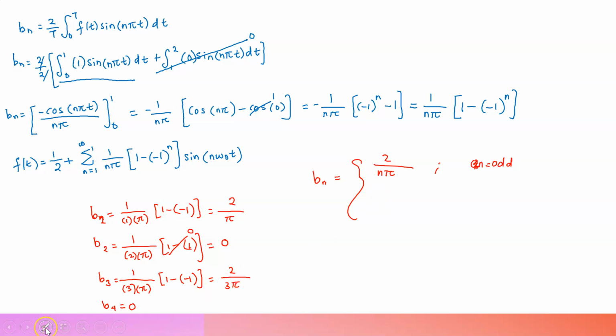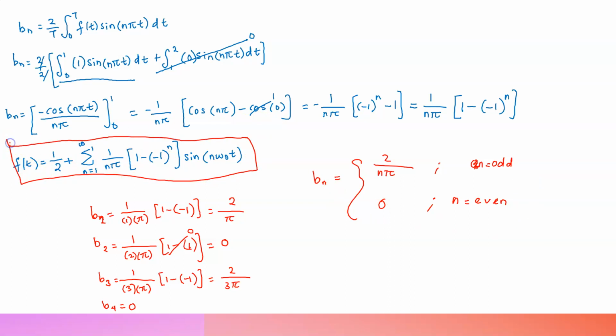And bn is equal to 0 when n is even. Okay. So this is the answer to this question. I will see you in the next video for solution to sample problem number 2. Thank you.